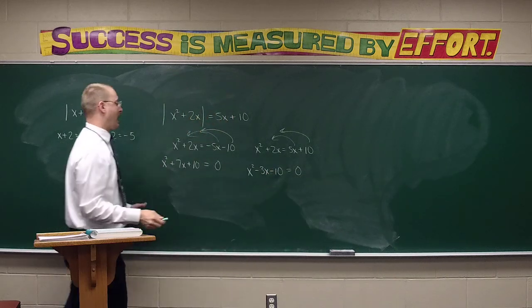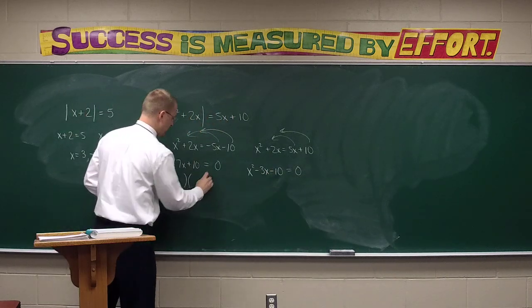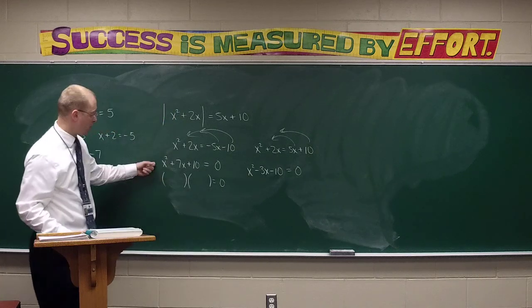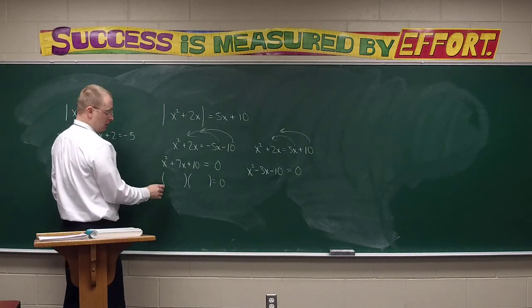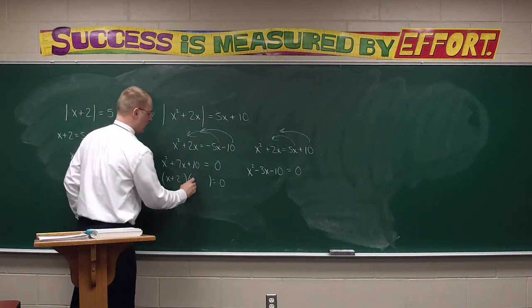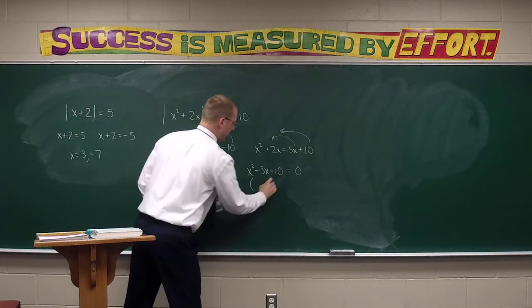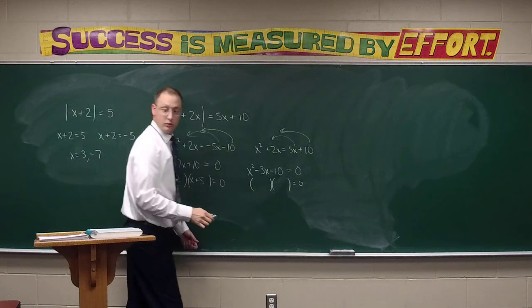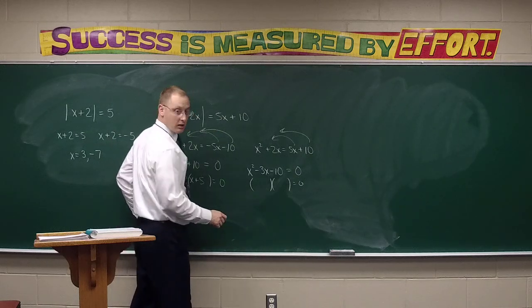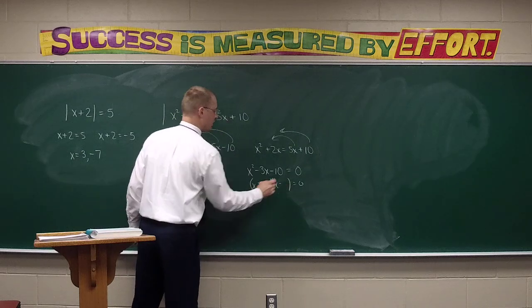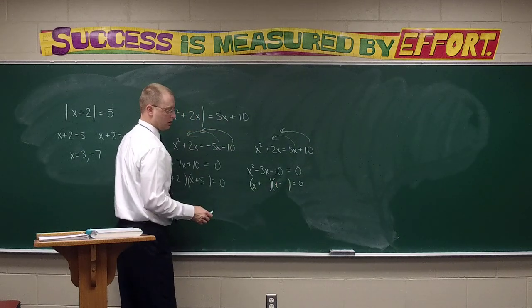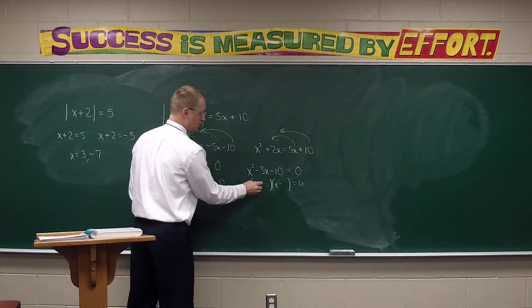There we go. And of course, then we need to factor, right? And how will we factor this trinomial here, Genesis? x plus 2 and x plus 5. And then the other trinomial will factor, Kendall, into x and x, positive and negative 5.